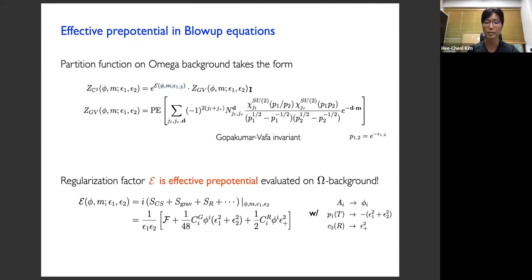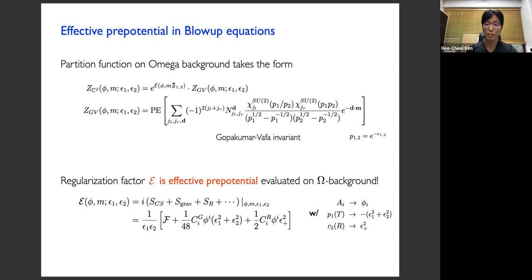The second term is GV, the Gopakumar-Vafa invariant, which captures all the index part of the partition function. Here, m is the vector of the Kähler parameters, and d is the charge. The Gopakumar-Vafa invariant counts the degeneracy of the states for the given charge d.